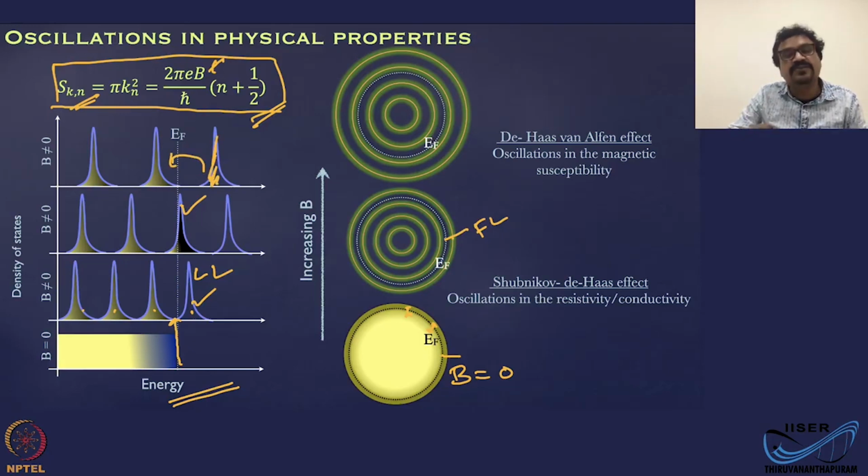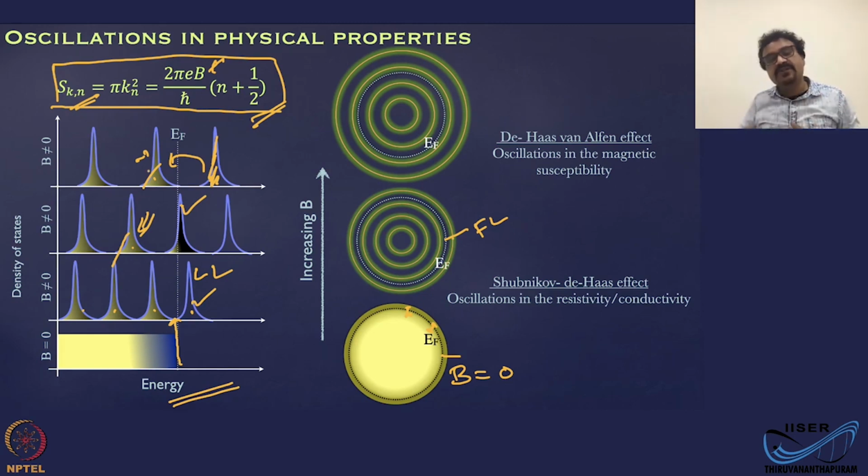They can go back because now there are more states in this case compared to this state, because the area of this Landau level is now more. This area is actually increasing as we increase the B field, so there is more space for the electrons to jump back from here to here.